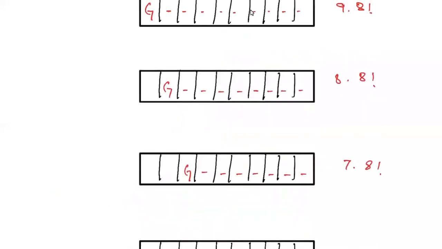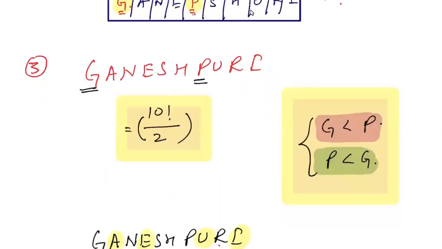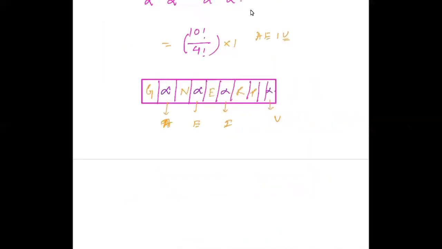Like in the third one, what they're saying is U will always be ahead of E. Now directly I can say in this, 100%, I can go for factorial 10 by factorial 2, factorial 10 by 2, right? Anyway, we can do that. Now, see this carefully. It's a very, very good arrangement of the numbers, so please be careful.